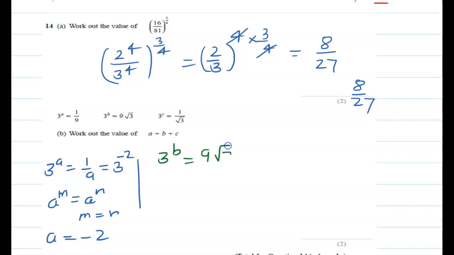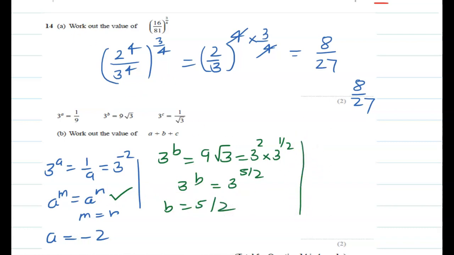Yeah, 9 root 3. 9 you can write as 3 squared, and root 3 you can write as 3 to the power half. So it will be 3 to the power 5 by 2 this side, and it is 3 to the power b using the same rule. So b is equal to 5 over 2.